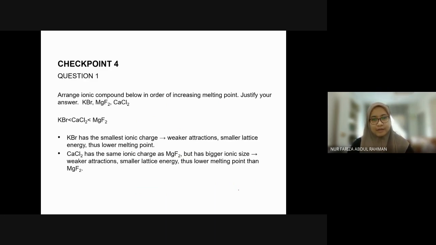Alright. So this is the answer. KBr has the smallest ionic charge, CaCl2 has the same ionic charge as MgF2 but has bigger ionic size. Okay, so this is how you should prepare your answer. You should have all the keywords or the key points in your answer.